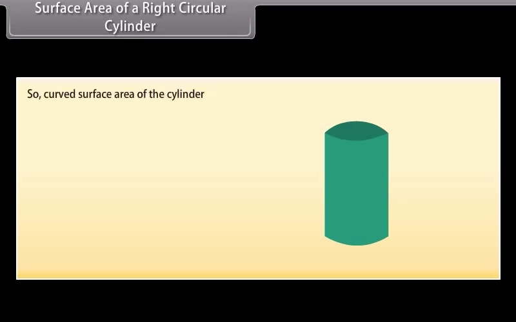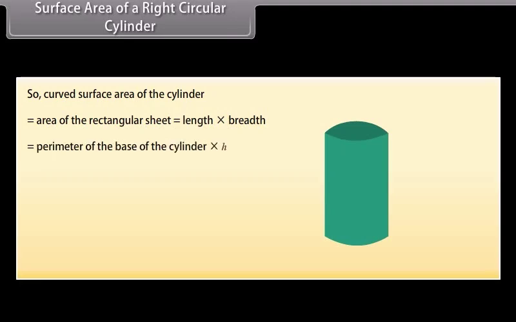So, curved surface area of the cylinder is equal to the area of the rectangular sheet, which equals length into breadth, which is equal to the perimeter of the base of the cylinder into h, which equals 2 pi r into h. Therefore, curved surface area of a cylinder is equal to 2 pi rh.